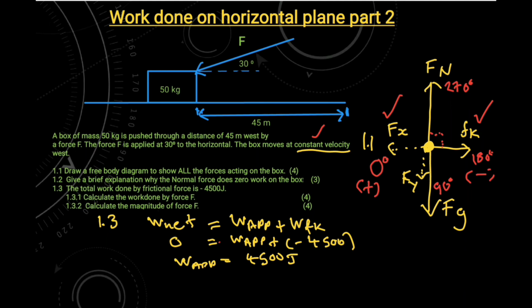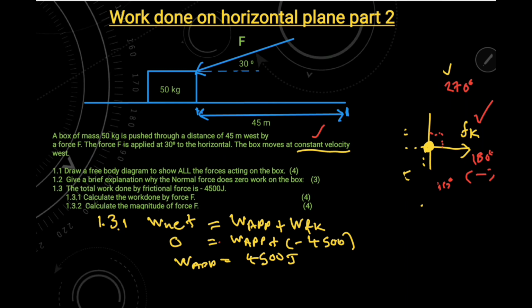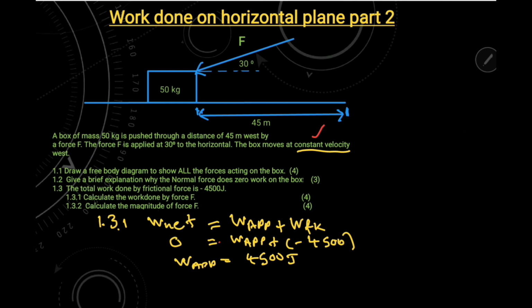Then last but not least, 1.3.2, we need to work out the magnitude of force F. Now we know the work done, we can calculate the force. We've seen in a previous video, once we know the work done, we can calculate the force easily.